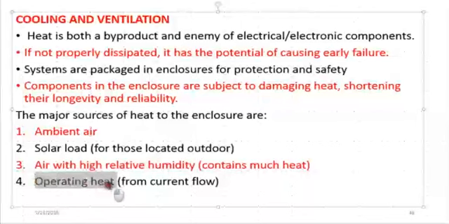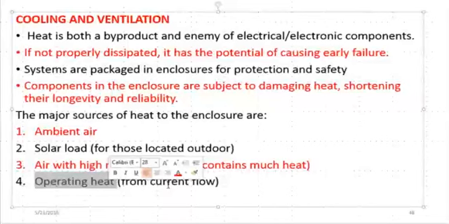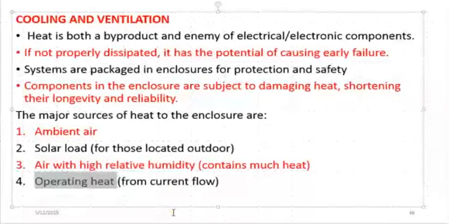Another source of heat in electrical and electronic systems is the operating heat, because of the flow of current in the system. Now, these are the sources of heat, and we have seen that this heat, if it is not properly managed, is going to reduce the reliability of any electrical or electronic system.